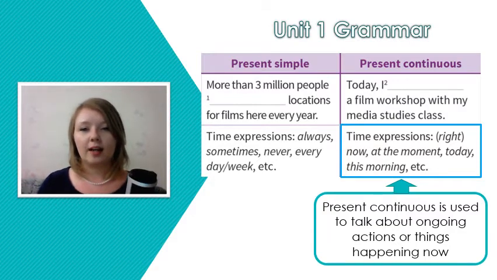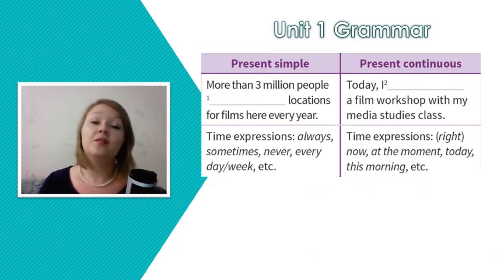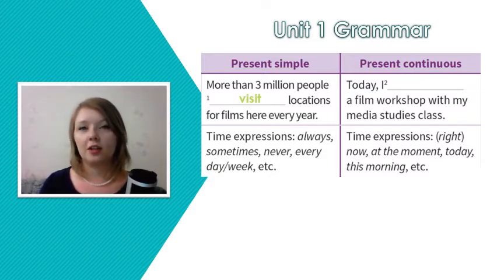So let's go ahead and take a look at how we would write the present simple and present continuous tense in these sentences using the word visit. For present simple, more than 3 million people visit locations for films here every year. When we use present simple, if we have the pronouns I, you, we, or they, the verb stays the same.